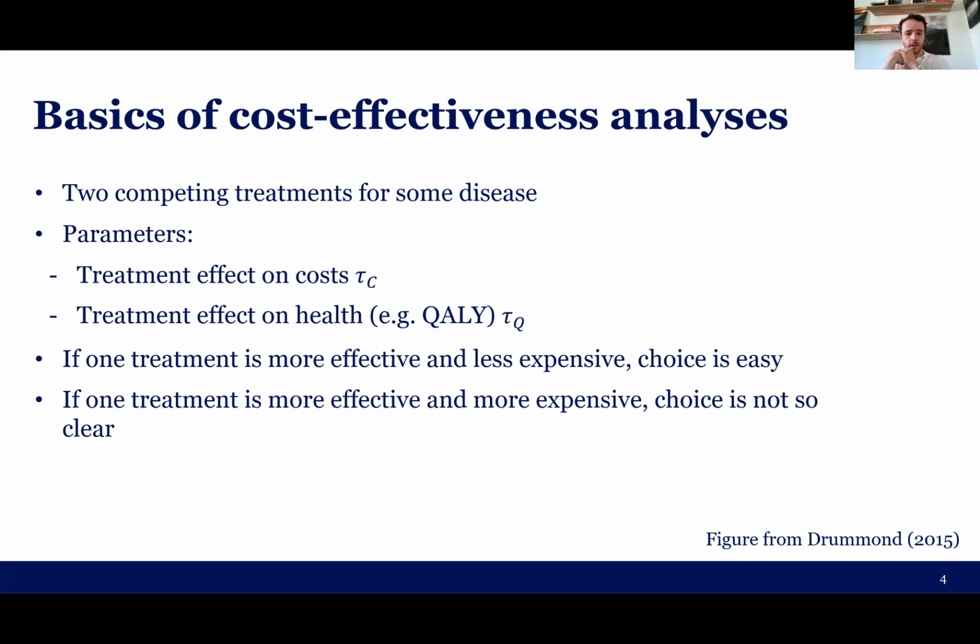So if one treatment is more effective, so tau Q is positive, and is also less expensive than the other one, so tau C is negative, then I think the decision on which treatment to implement is relatively straightforward because the new treatment, yeah, it's more effective, it's less expensive.